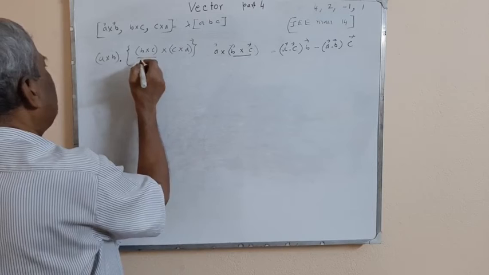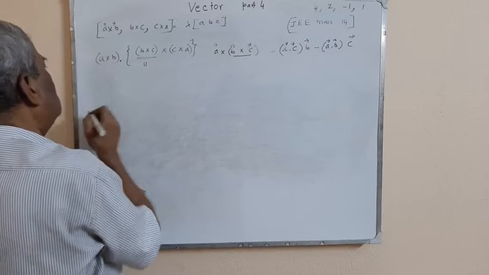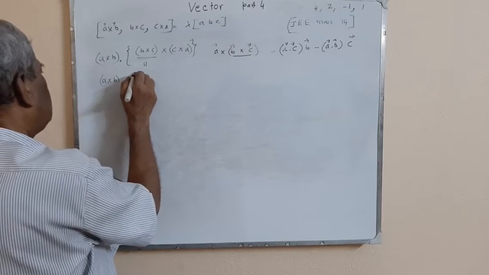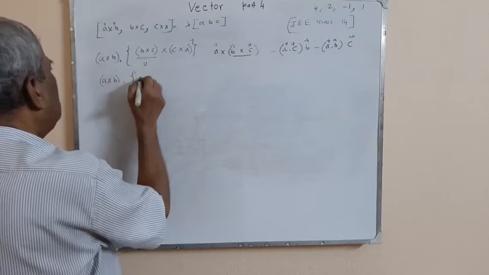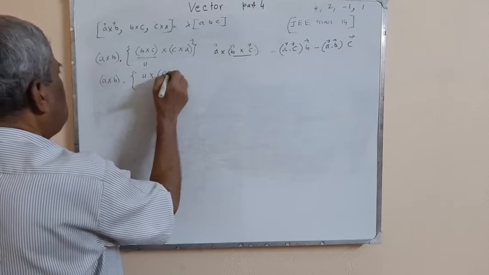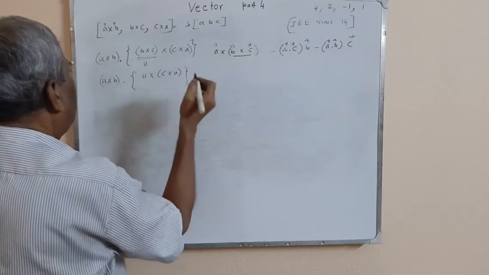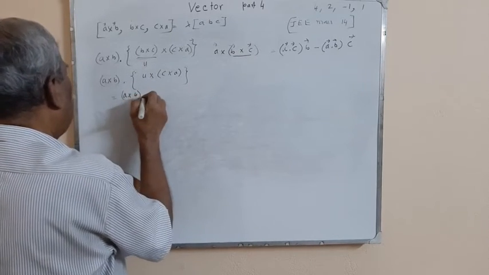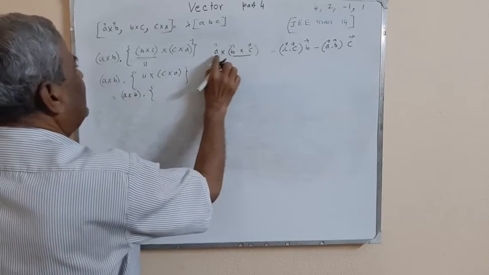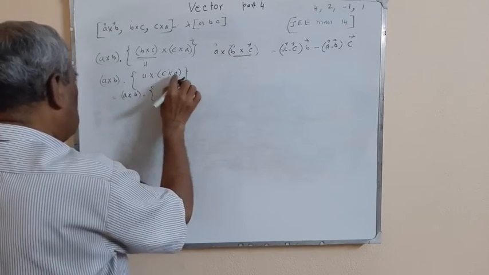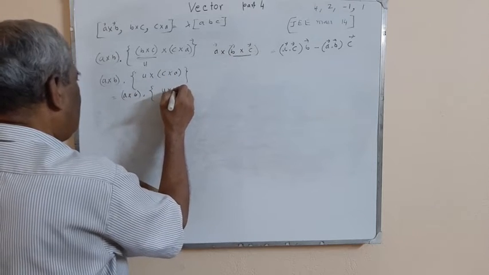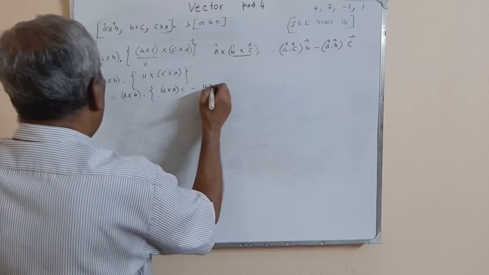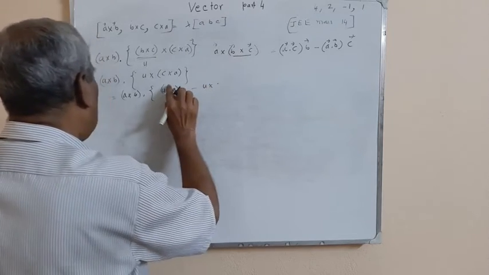Let us suppose it is equal to a new vector u, so it is A cross B dot u, where u is B cross C cross C cross A. Using the result, u cross A into C vector minus u dot C into A vector.